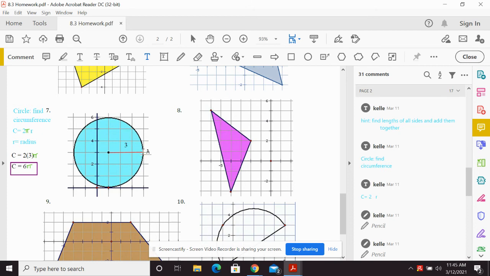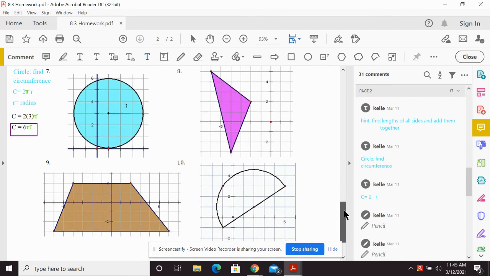The radius is 3, which I found by counting 1, 2, 3. So I go 2 times the radius times pi, and you can leave it in terms of pi. If you multiply it by pi, you should get 18.85-ish, but you can leave it as 6 pi.